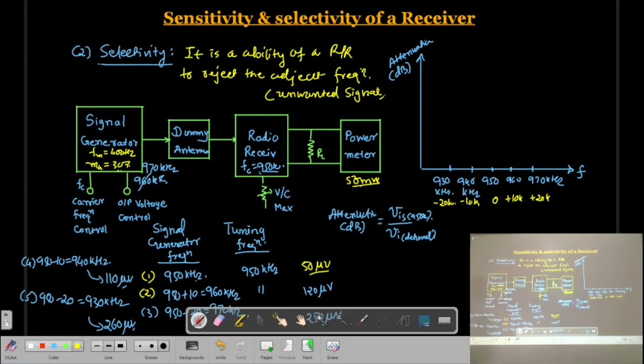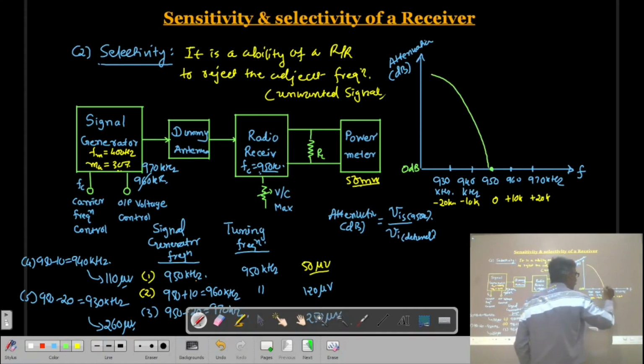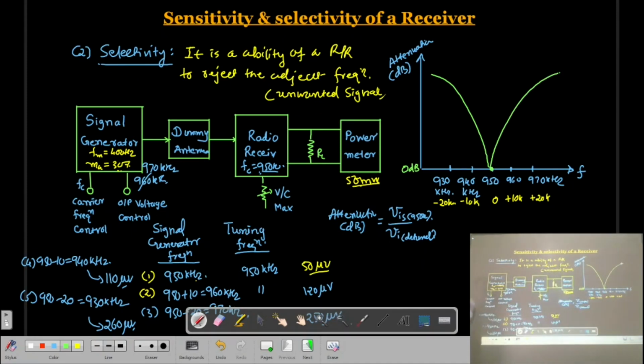Then, if we plot this curve, for 950 the attenuation is 0. Correct? Here, if you calculate that, it is 50 microvolt divided by 50 microvolt, log 1 will be 0. So this is my 0 dB. And for the rest of the points, if you calculate, then the curve is going to be like this. This is known as a selectivity curve.